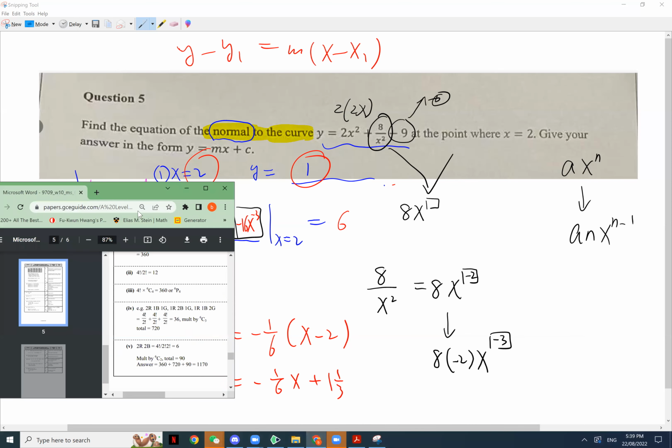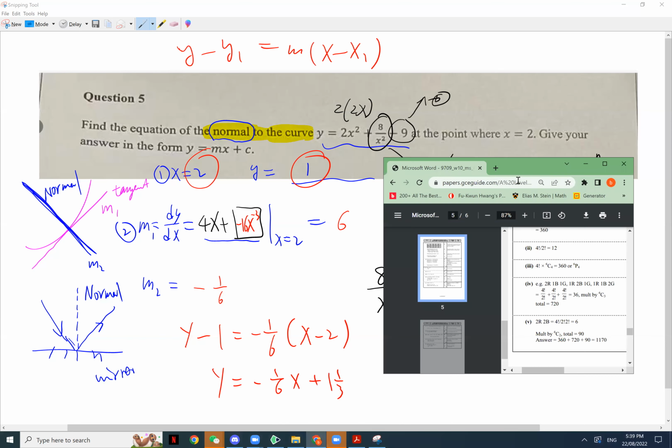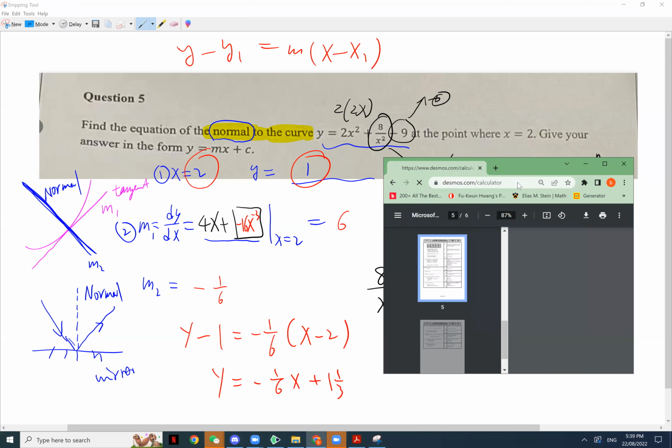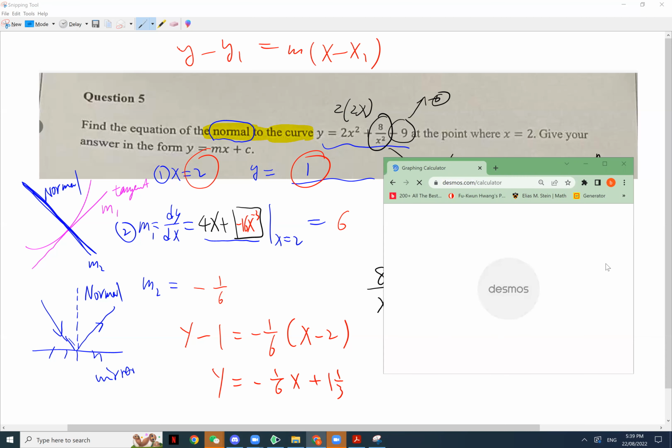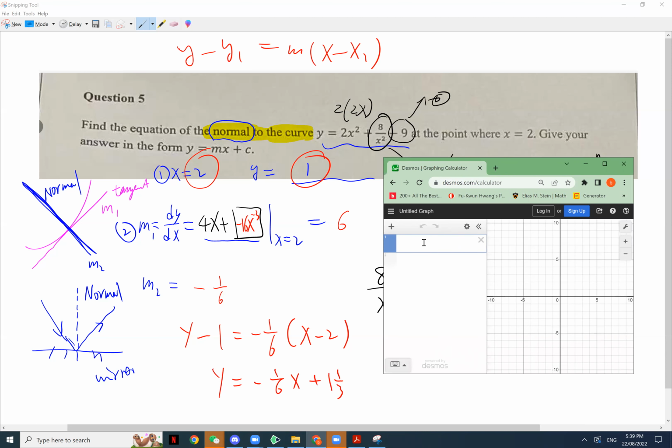Let's sketch it. There's a weird curve. That's the curve. Wow. And the equation we have.